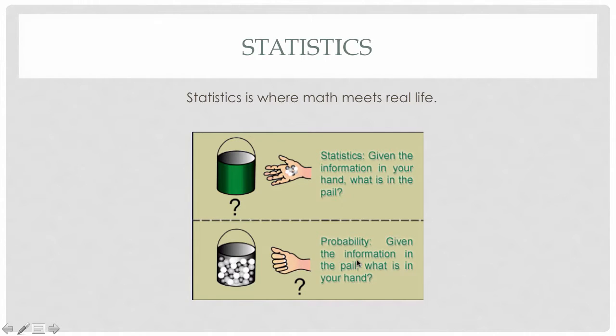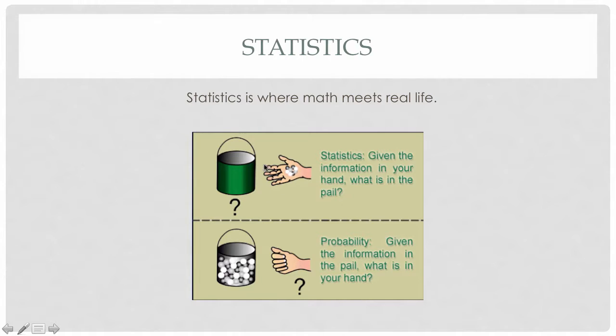So for example, given the information in the pail, we have a ton of information. What can we confirm about what is in our hand? Statistics is the other point of view, or it's in the other direction. There's this giant pool of things and patterns and relationships that we don't understand.